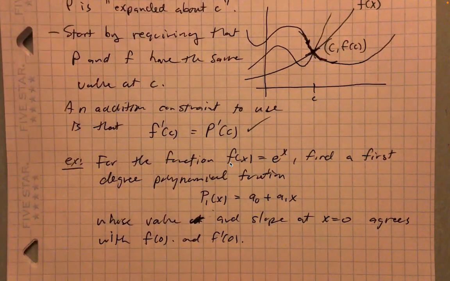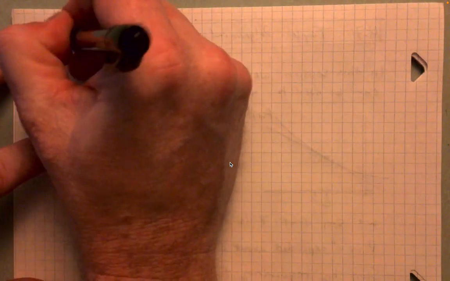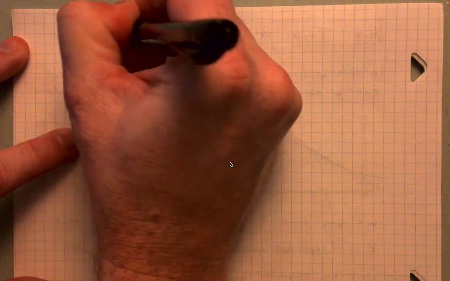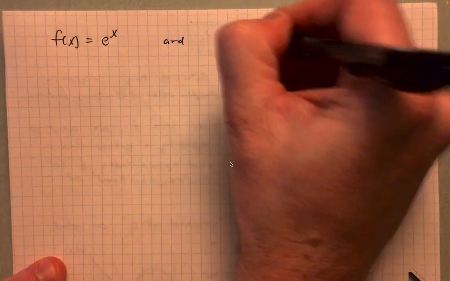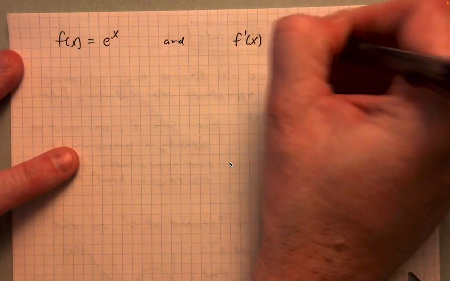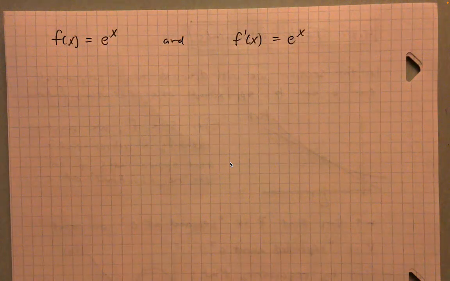Very good. So let's run this exercise quickly. We start with f of x equals e to the x, and we know that the derivative is the same. It's a nice function with this property.